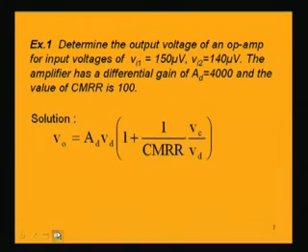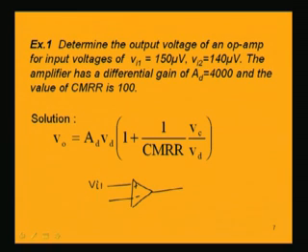So, now if we have an example, say for this example you are to determine the output voltage of an op amp for input voltages Vi1 is equal to 150 microvolt, Vi2 is equal to 140 microvolt. So, in this op amp, the two voltages are applied at the non-inverting and inverting terminal.